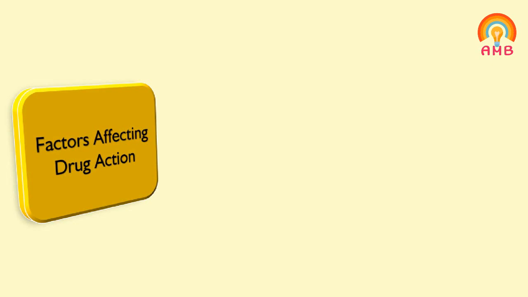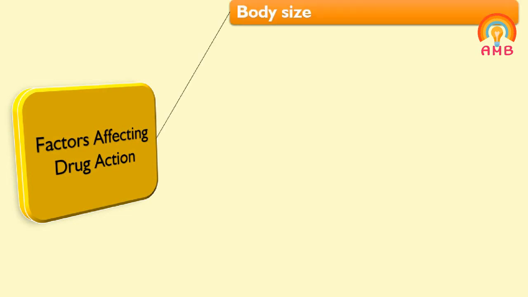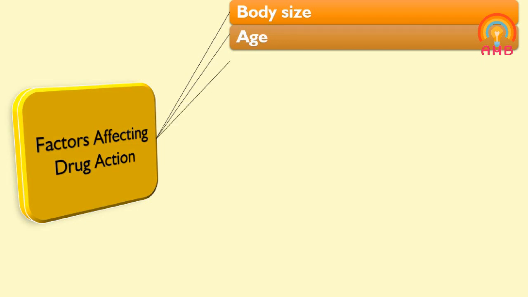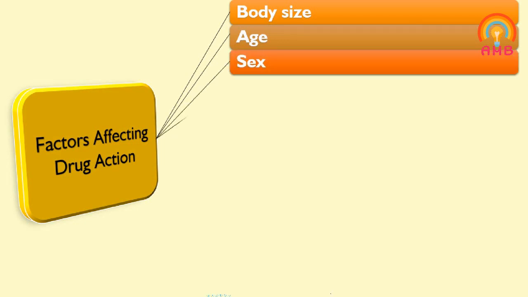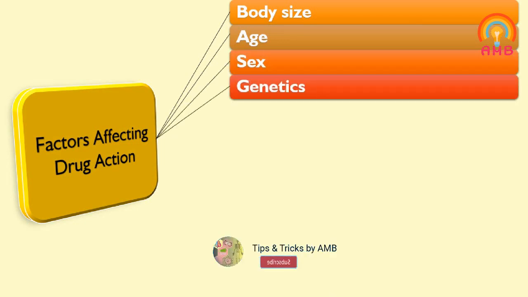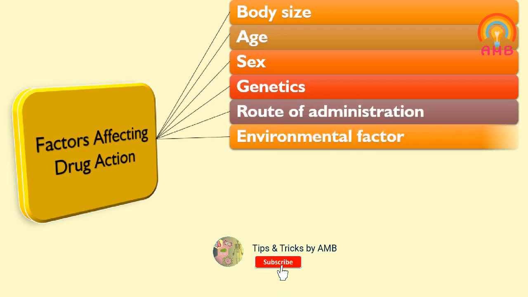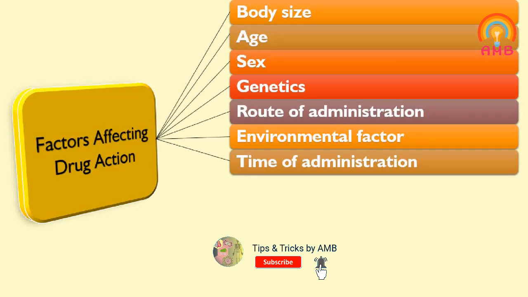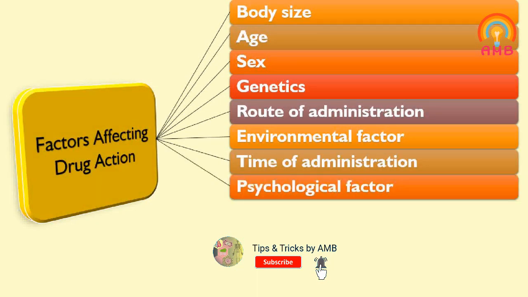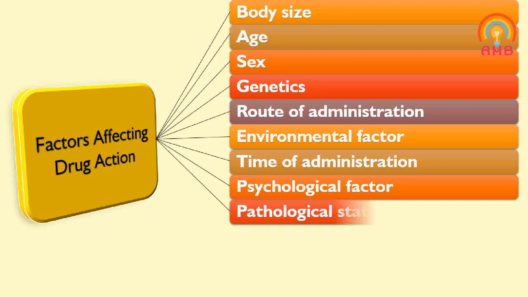So which are these factors? These factors are as follows. First is body size. Second is age. Third is sex. Fourth is genetics. Fifth is route of administration. Sixth is environmental factor. Seventh is time of administration. Eighth is psychological factor.